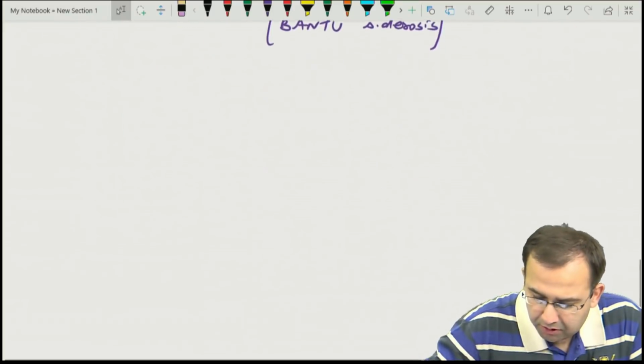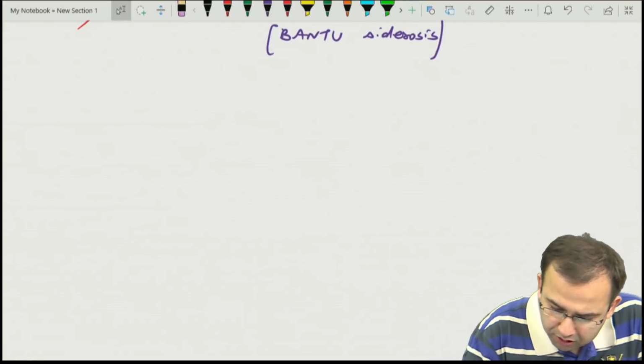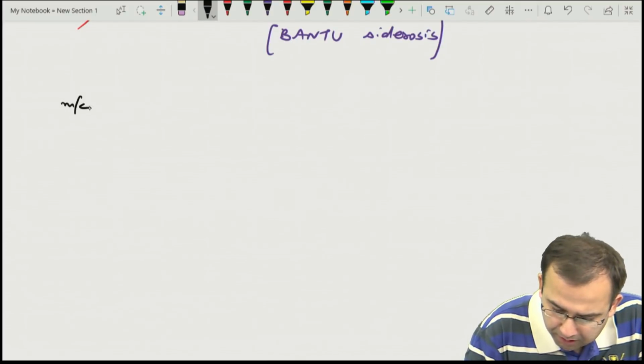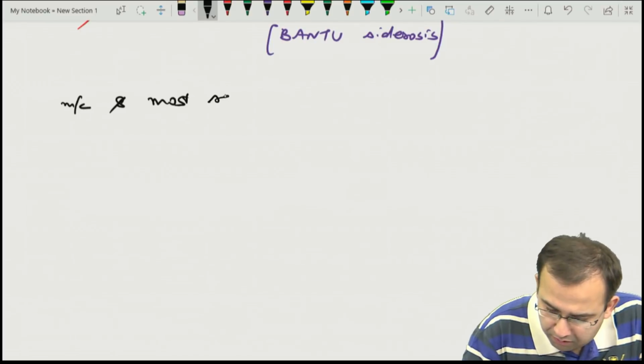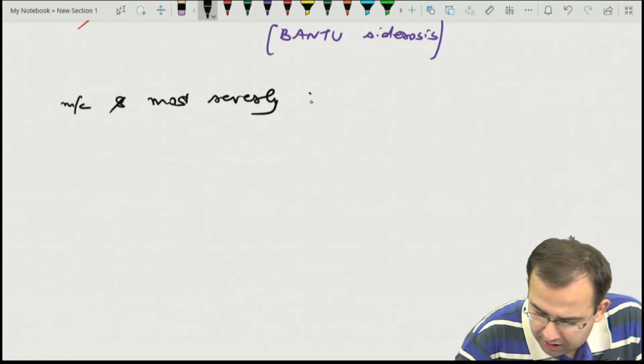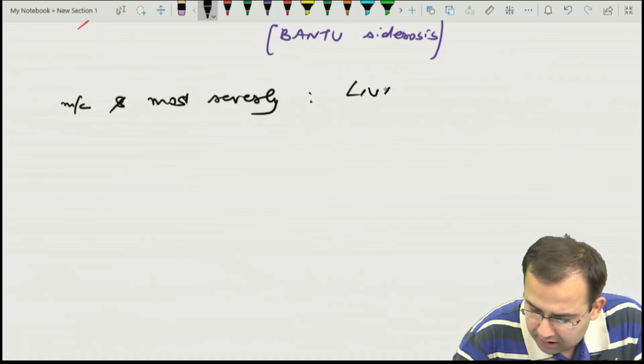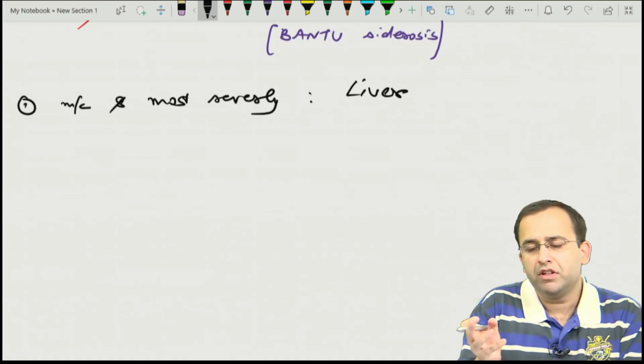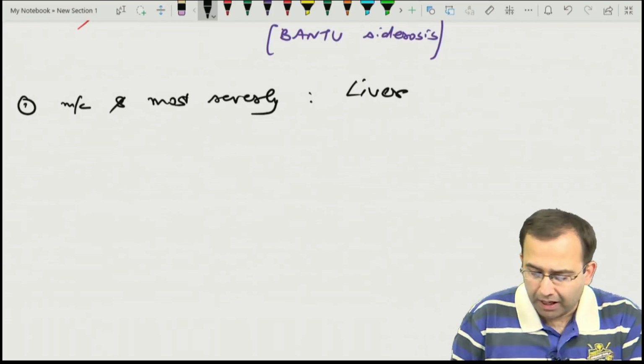Next point. You very well know that the most common and the most severely affected organ is the liver. Where it is associated with which cirrhosis, micronodular or macronodular?